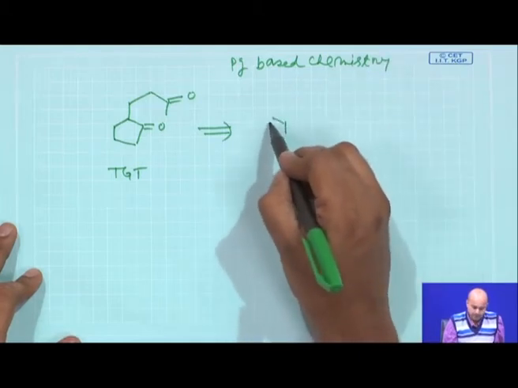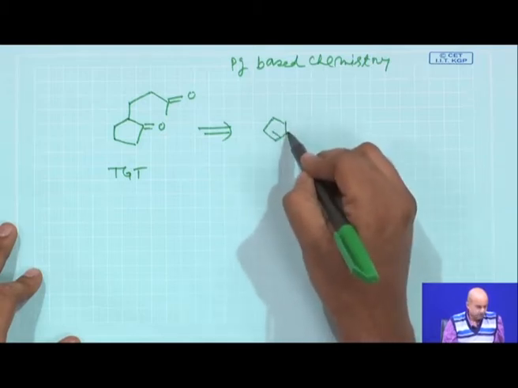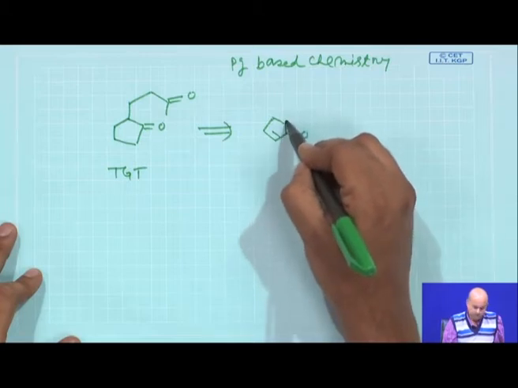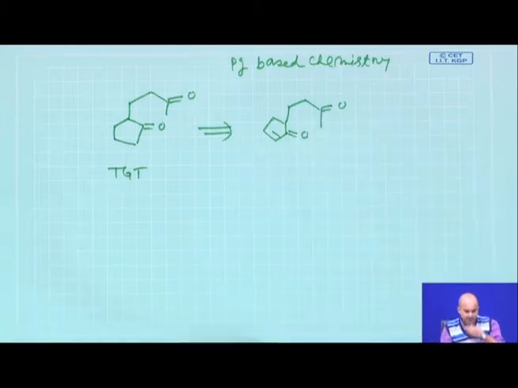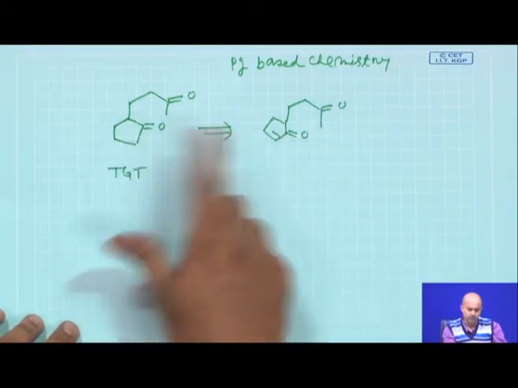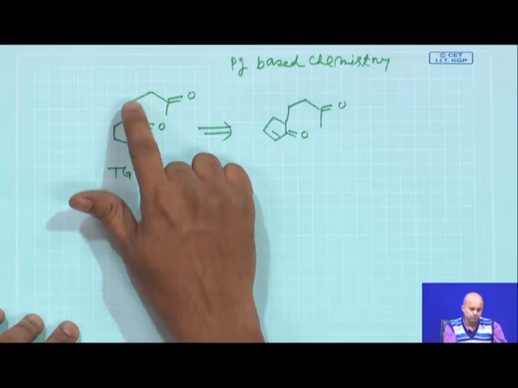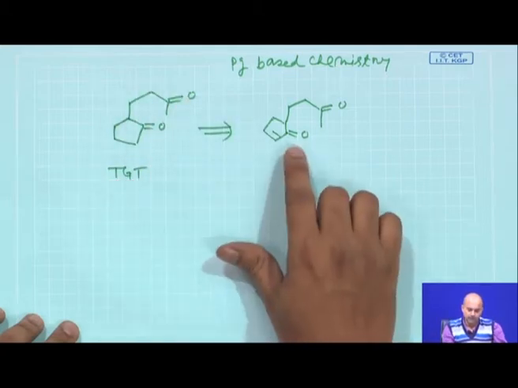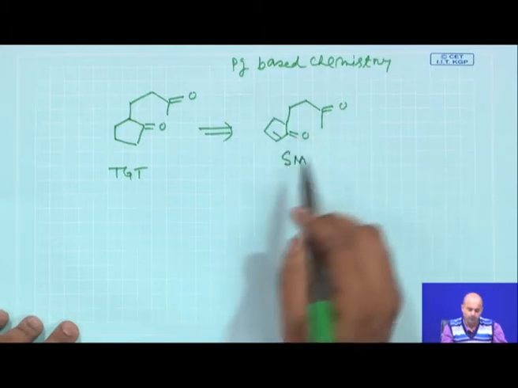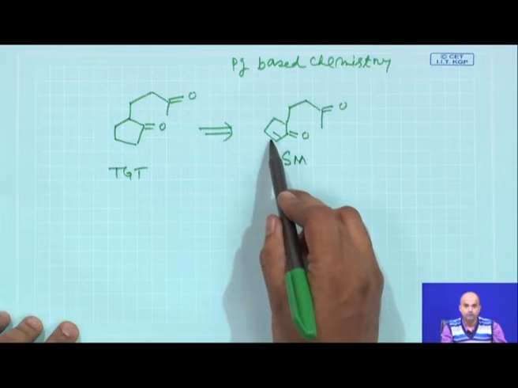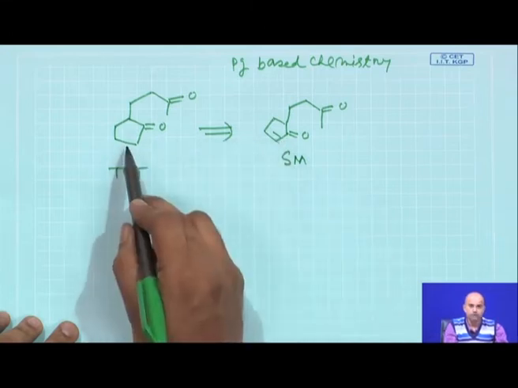The starting material which I have given you here is this. If you closely analyze these two compounds, you will find that the target molecule is basically a 1,5-dicarbonyl compound, and the starting material is also a similar dicarbonyl compound, but only one double bond is there which needs to be removed from the starting material to come to the target molecule.